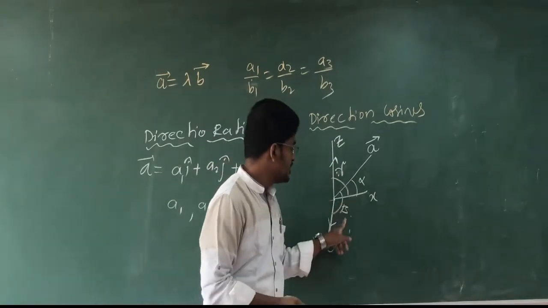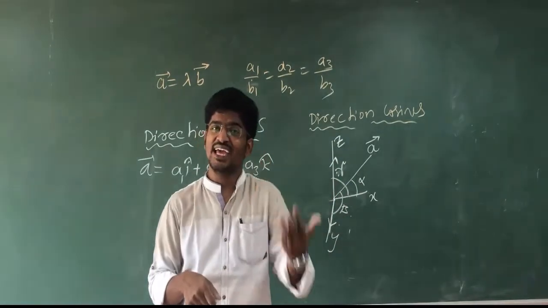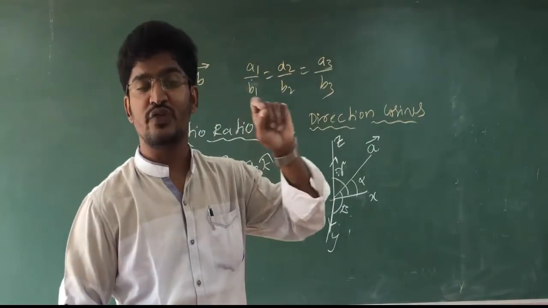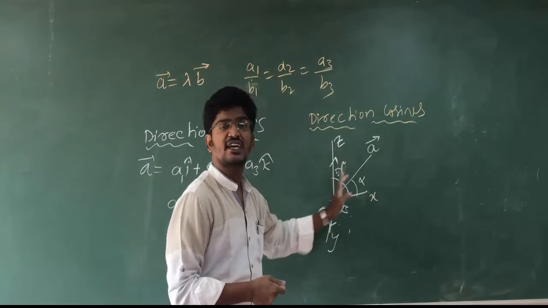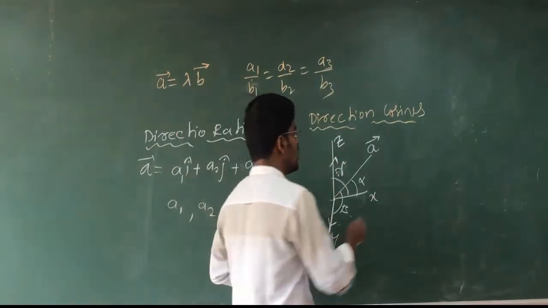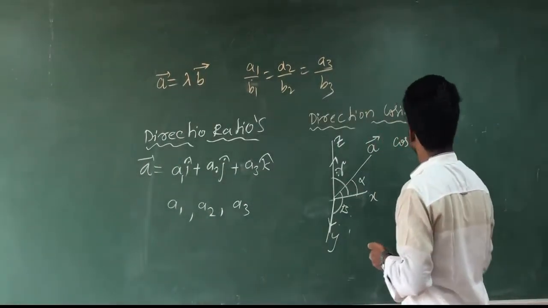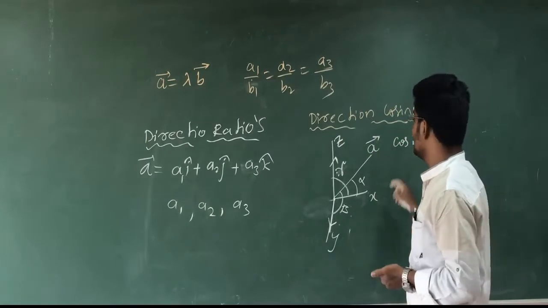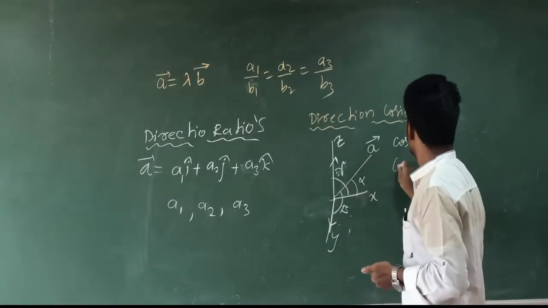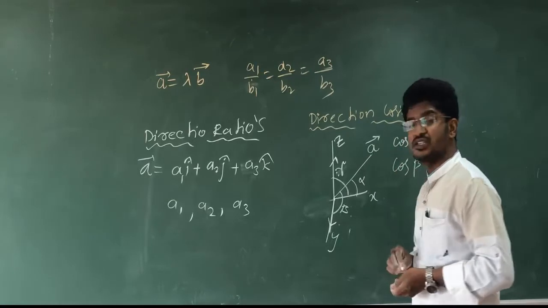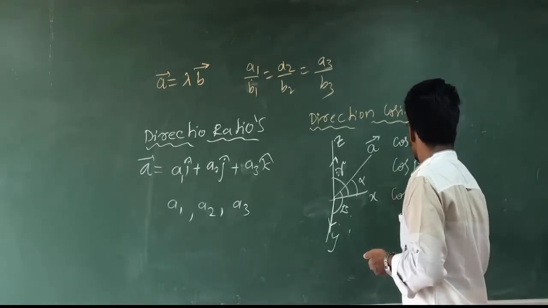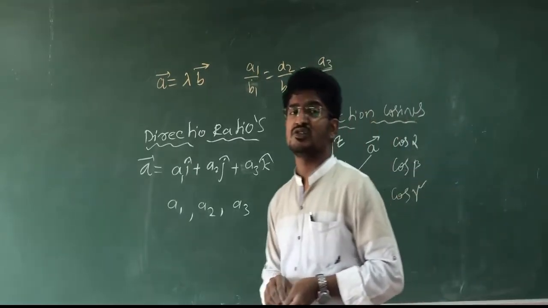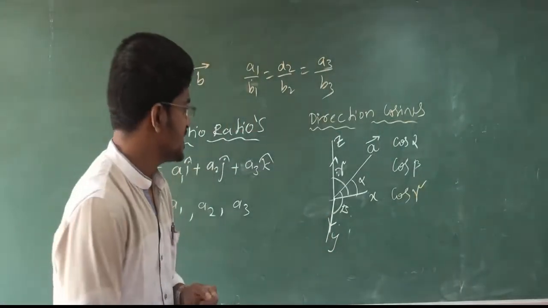So alpha, beta, gamma are the three angles defined by the given vector with the corresponding axes x, y and z. Now cos alpha is called the cosine in the direction of the x-axis, cos beta in the direction of the y-axis, and cos gamma the direction cosine in the direction of the z-axis.